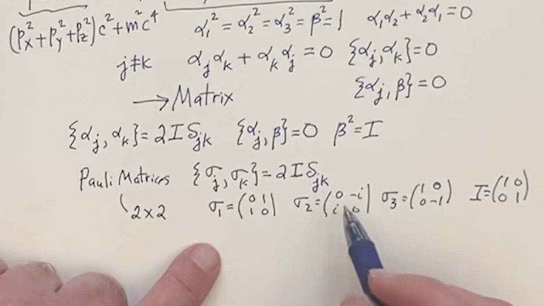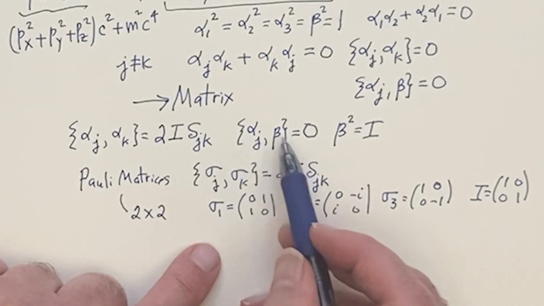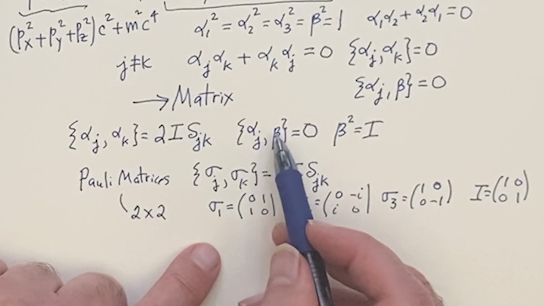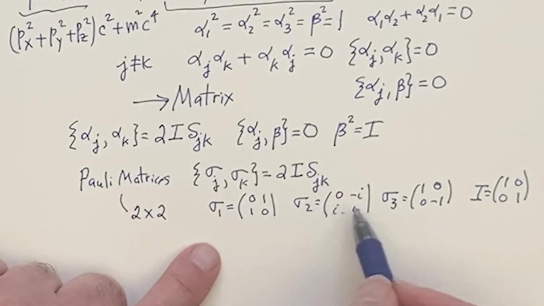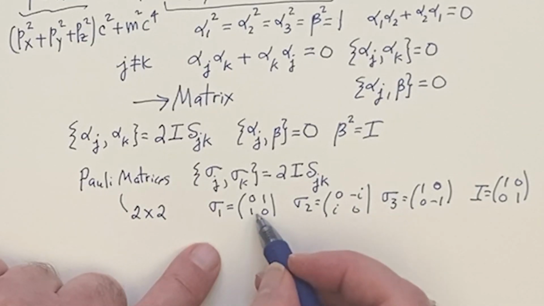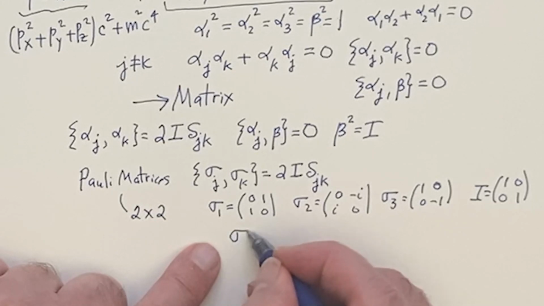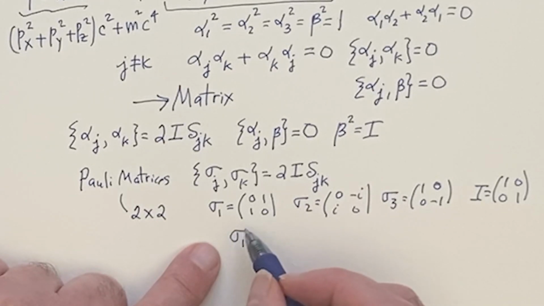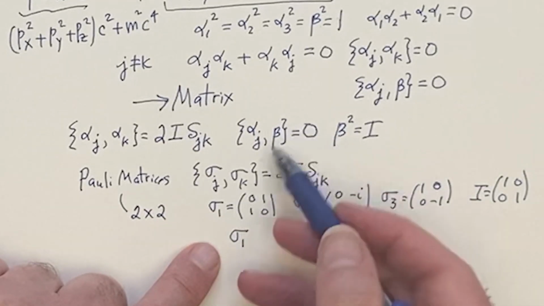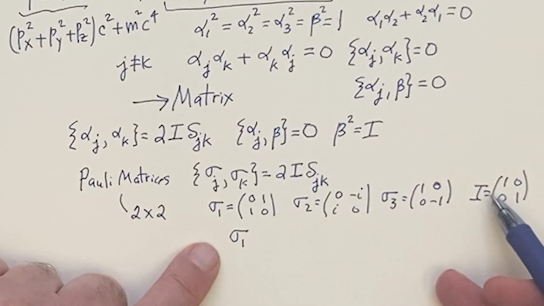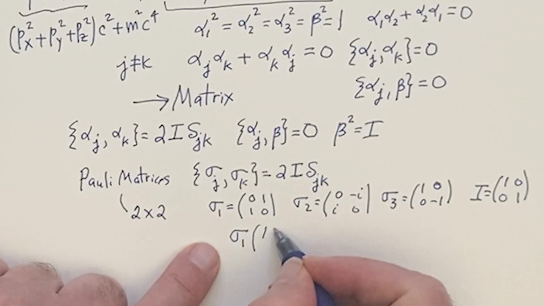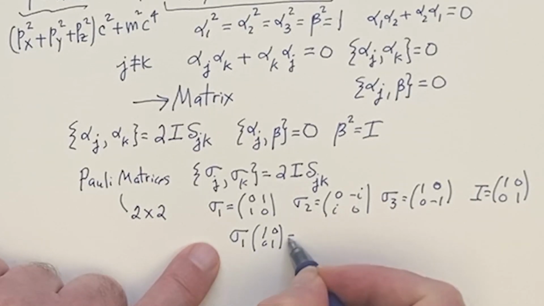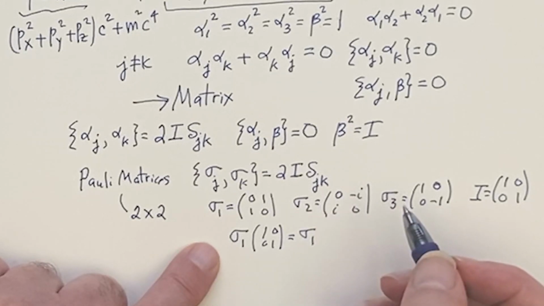But the problem is, these alphas have to anti-commute with beta. Now that won't work here, because if you took one of these things, and you know what's left, beta would have to be I. Well, beta squared is I, but if beta is I, then if you put I there, you would get the same thing back.